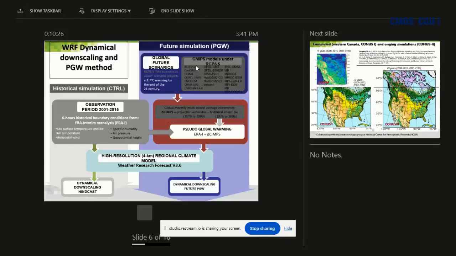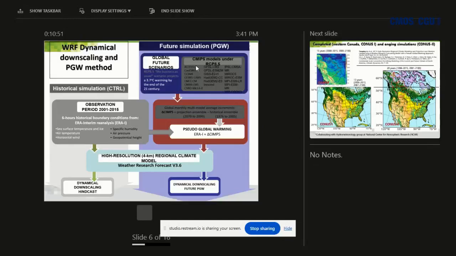We subtract the historical from the future and get the delta, which we call the climate perturbation. This delta is a monthly climate increment. Then we interpolate it to every 6 hours and add it back to ERA-Interim, and use it as the new forcing to force the WRF.